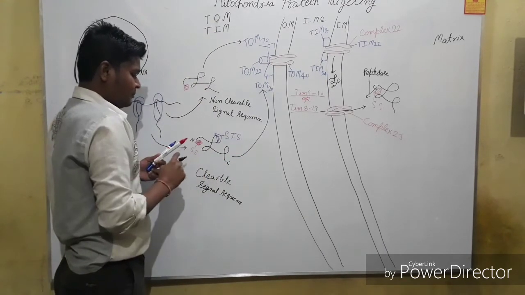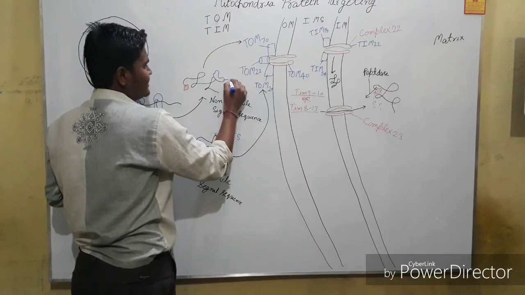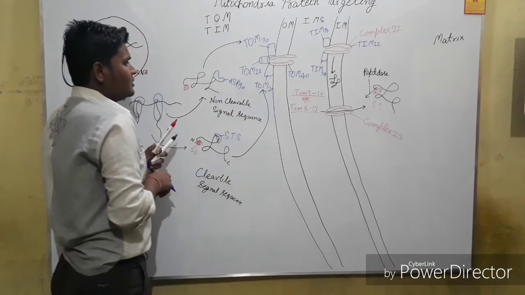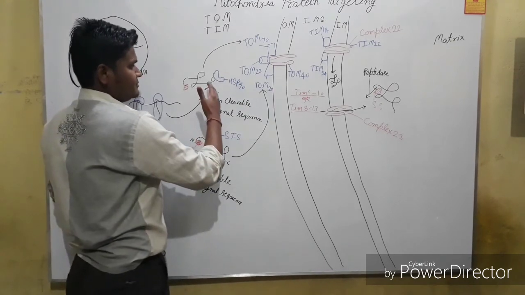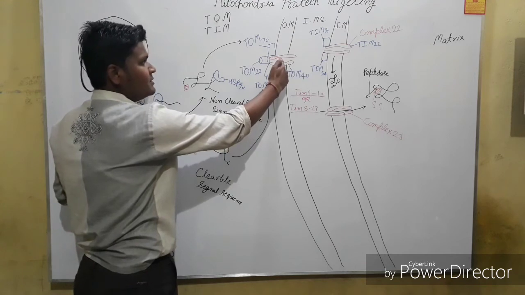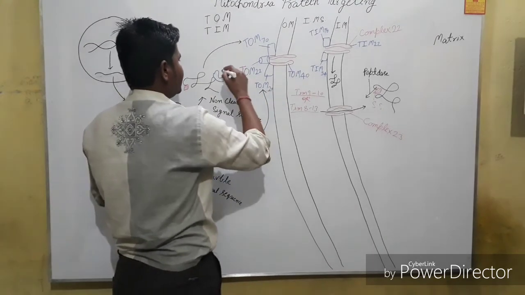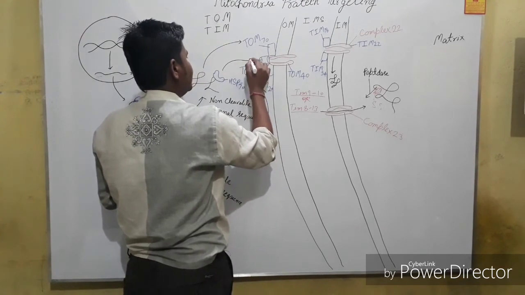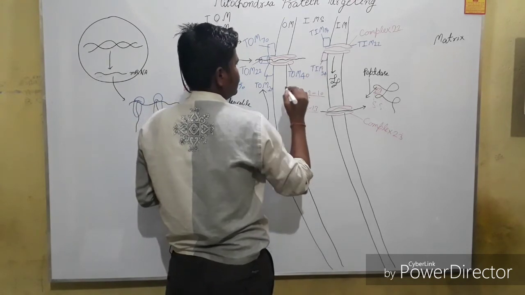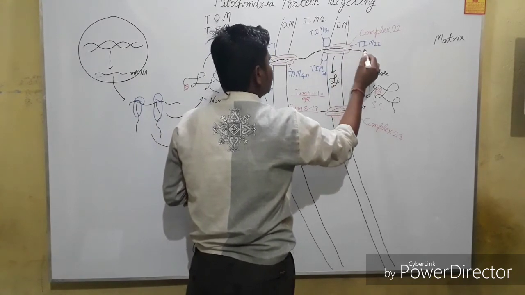Here both proteins are associated with HSP70 protein, which provides ATP hydrolysis to go through the outer membrane translocon, that is TOM40. If the protein comes inside here, then it will be pulled together and come here.